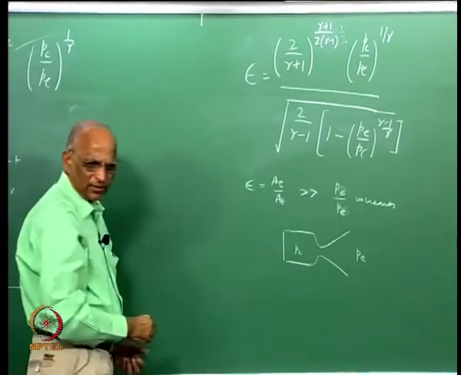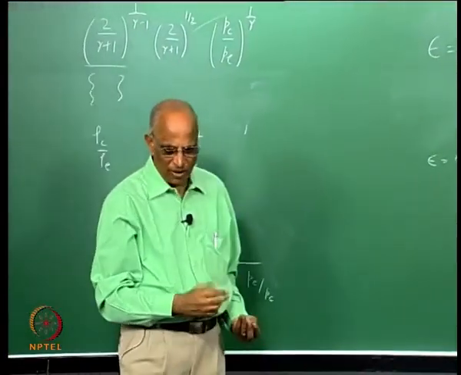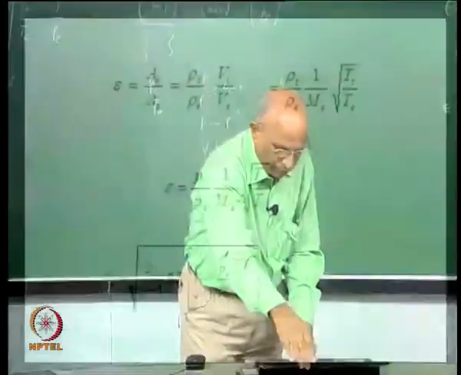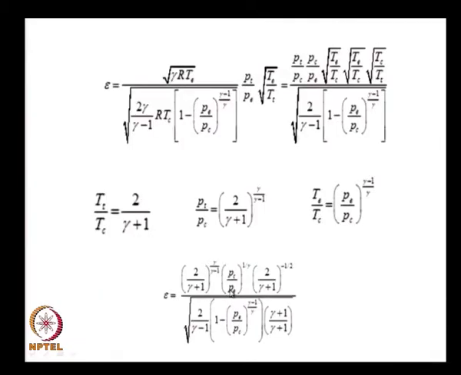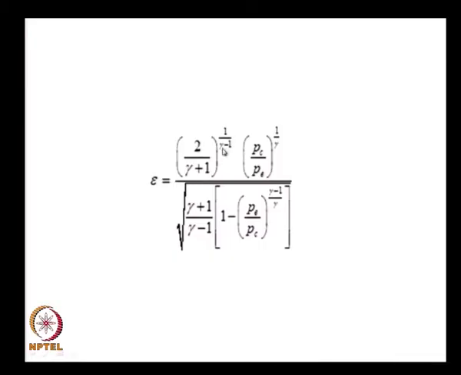Let us take a look at some of the values which I have plotted in the slides over here. See, I quickly run through whatever is given here. Area ratio is defined by the value of AE by AT, and this is the expression we had got. We had the jet velocity VE given by the square root of 2 gamma by gamma minus 1 RTC into 1 minus PE by PC, and thereafter we wrote the area ratio in terms of these parameters and got this particular value, which worked out to be 2 over gamma plus 1, to the power 1 over gamma minus 1, PC by PE to the power 1 over gamma.